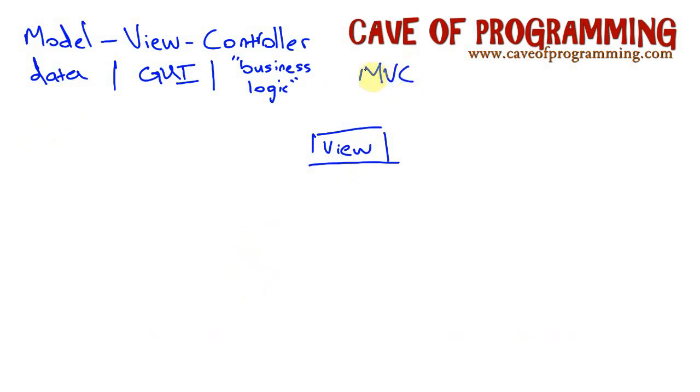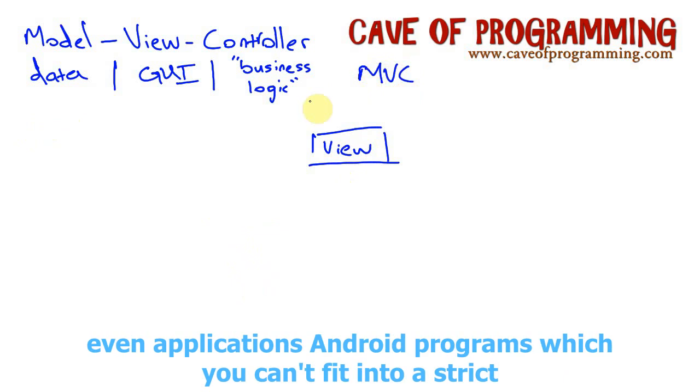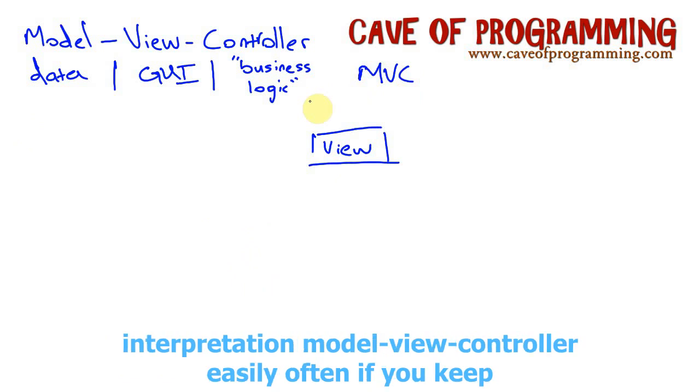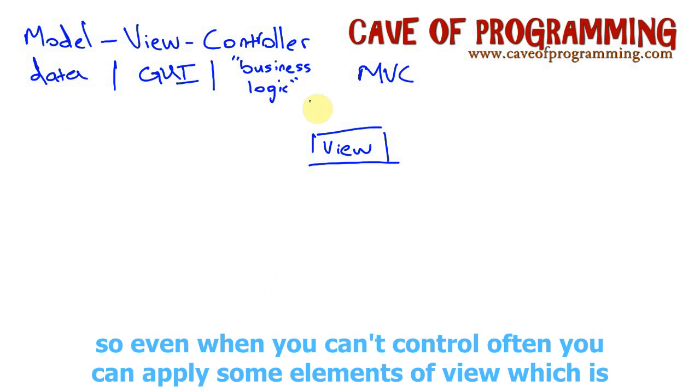MVC is not going to be suitable for every application, but it's suitable for a very wide range of applications, and even applications like Android programs, which you can't fit into a strict interpretation of model view controller, or not easily. Often, if you keep model view controller in your mind, it will help you to structure the program. So even when you can't apply model view controller, often you can apply some elements of it.